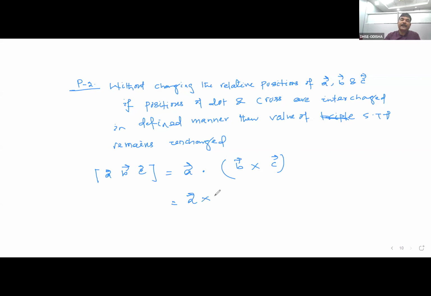What is the geometrical interpretation of box product? It represents the volume of the parallelepiped.